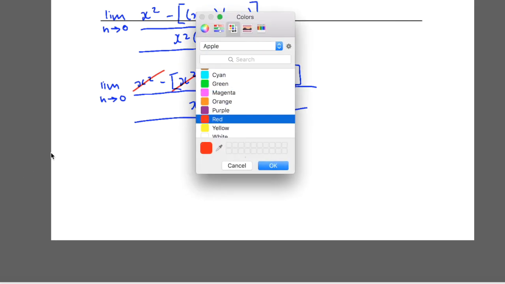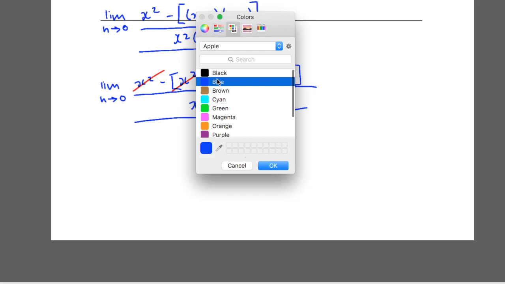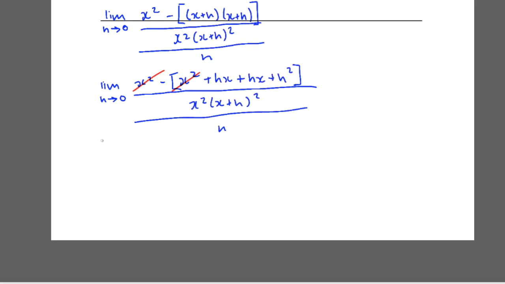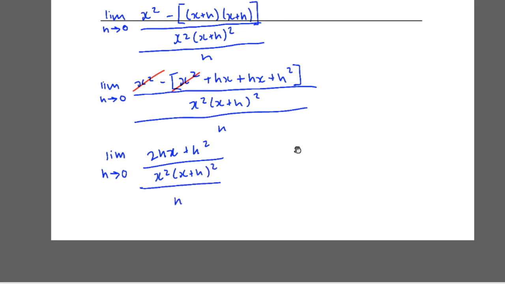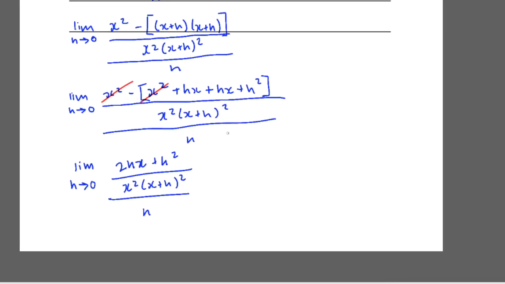So it's going to be the limit as h approaches 0 of 2hx plus h squared, all divided by x squared times x plus h squared, all divided by h. We're going to have to squeeze it up here.